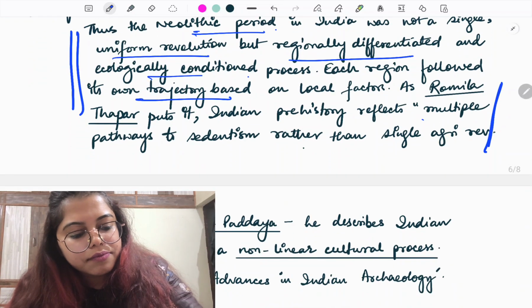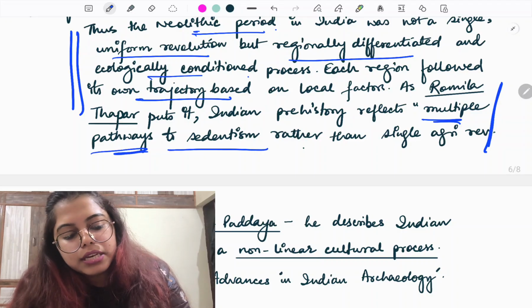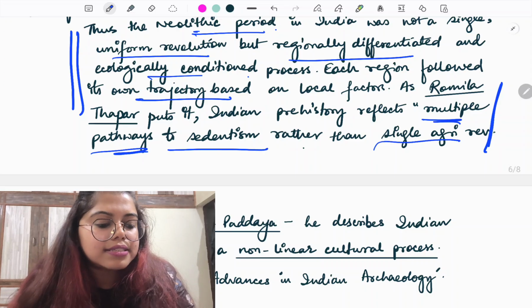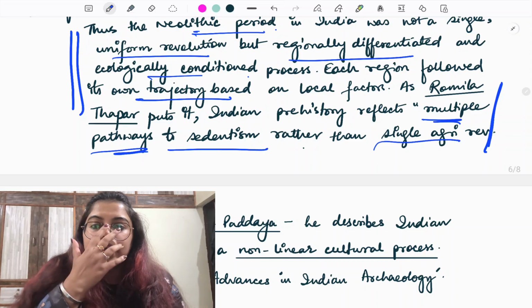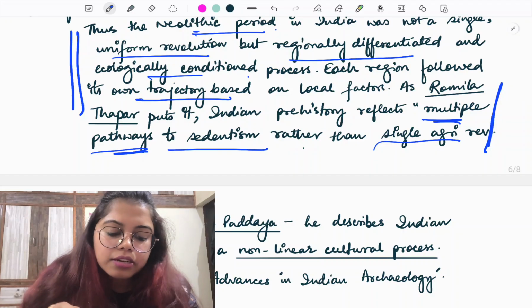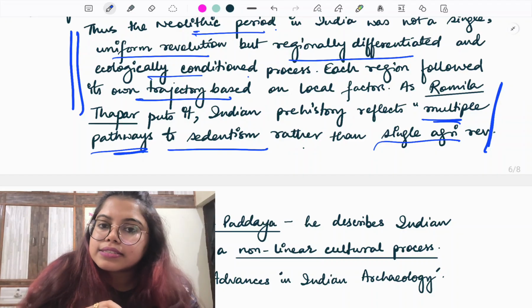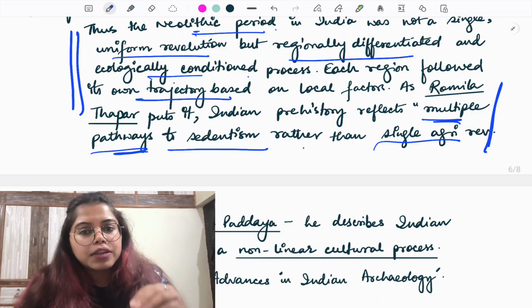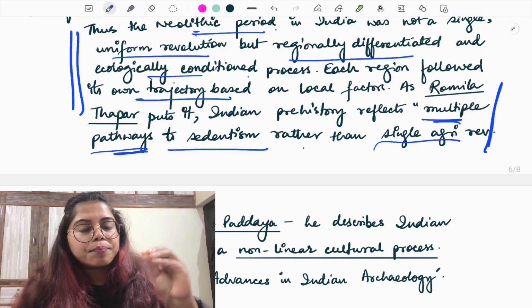Okay, now here what we are concluding with Romila Thapar. She has said that there were multiple pathways to sedentarism rather than a single agricultural revolution. What the meaning of this is that sedentarism, which is a very important factor of the Neolithic period, means village life, settled life. Because of what?